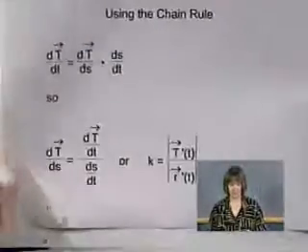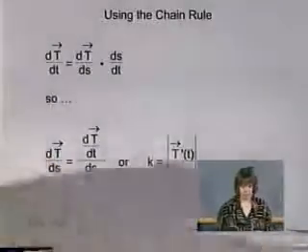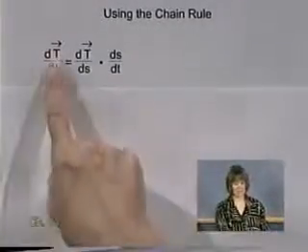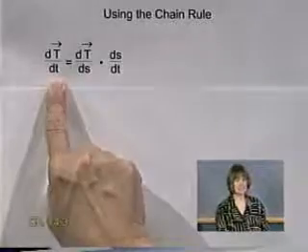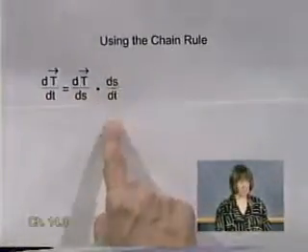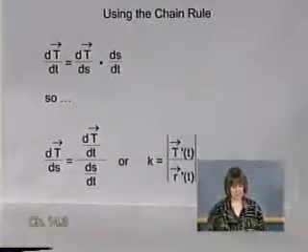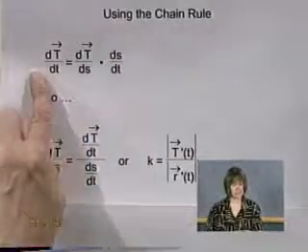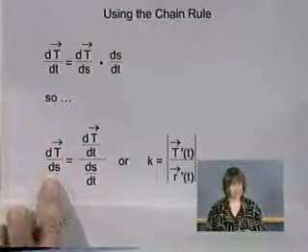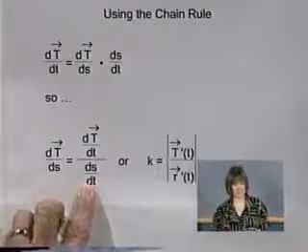All right? First of all, using the chain rule, the chain rule back from Calc 1, the derivative dT/dt is equal to dT/ds times ds/dt. Now what I can do is divide by ds/dt on both sides, and I get dT/ds is equal to dT/dt over ds/dt.